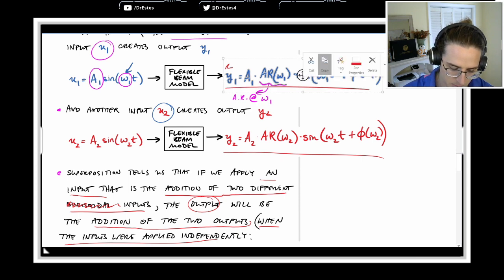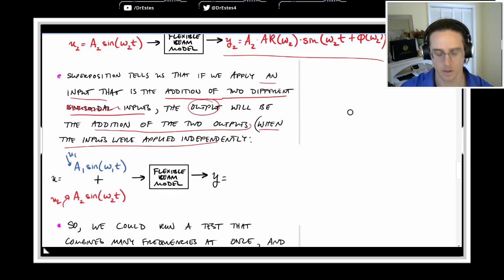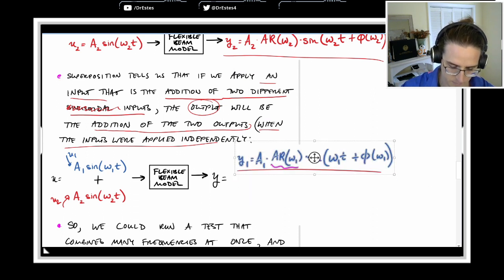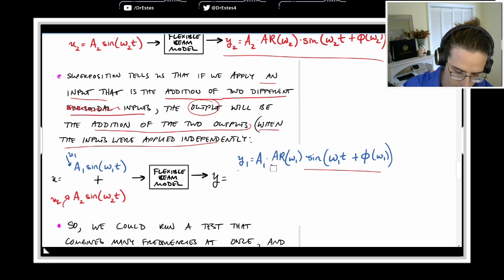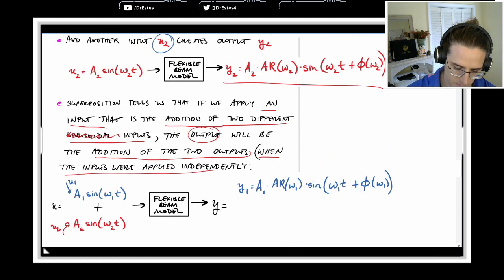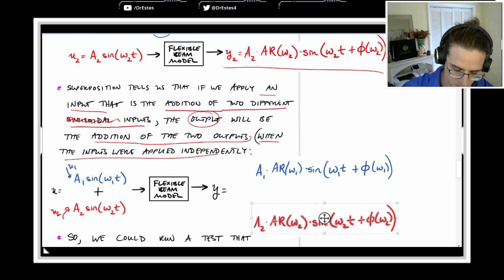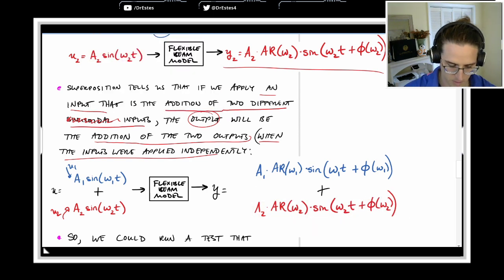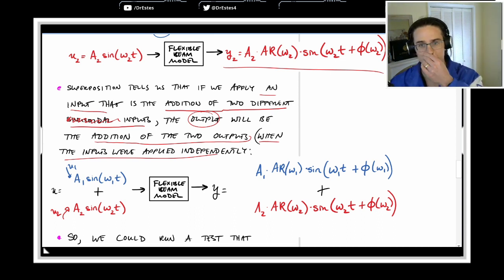The output is going to be the addition of these two. Maybe I'll clean that up a little bit. Y1 plus Y2. And it's easy as that.